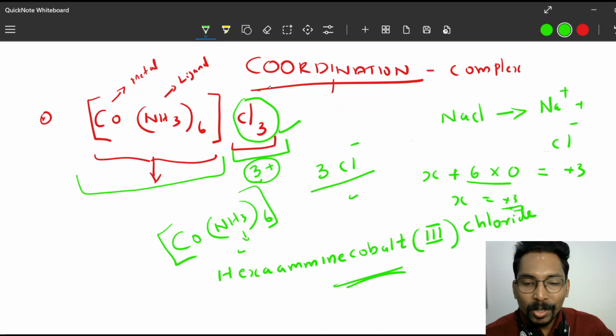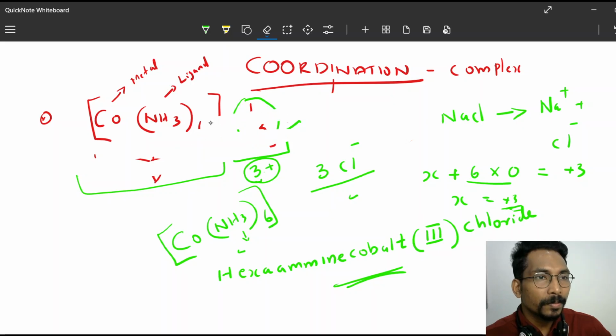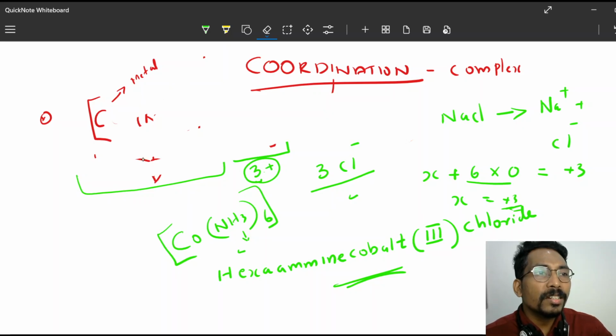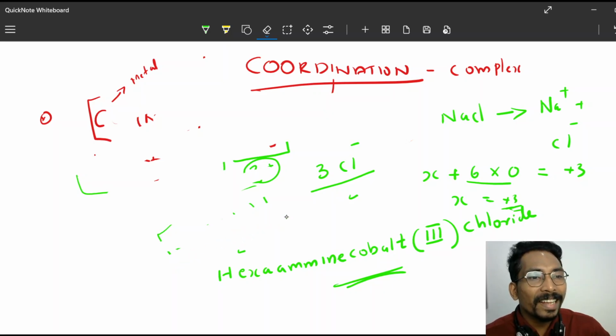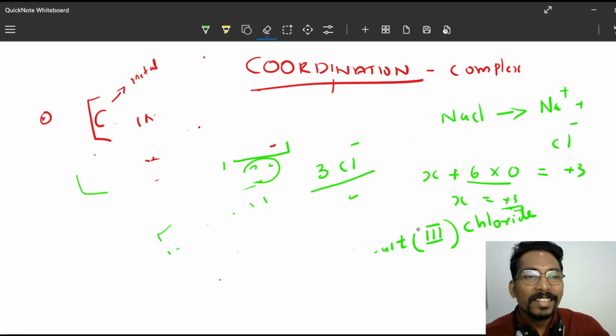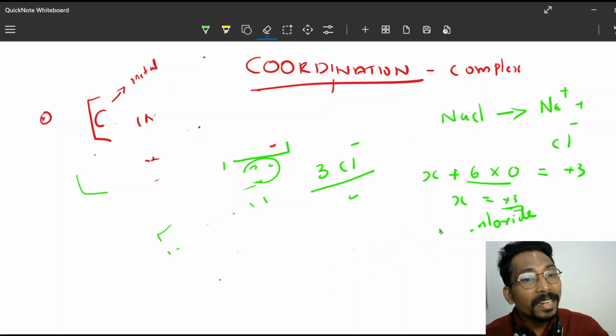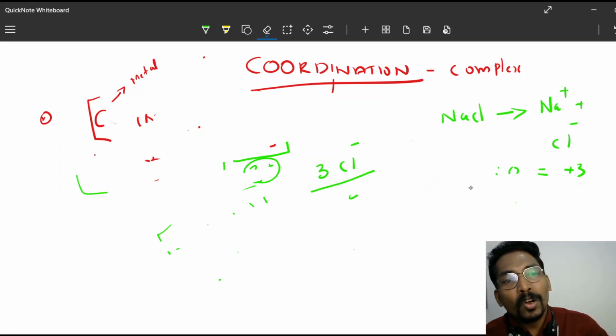Okay, so I think we can do one more example. Just wait. Then we can move to the next topic. For nomenclature, the very important thing is you must have a clear idea about ligands: the name of the ligand, charge of the ligand, denticity of the ligand, and calculating the oxidation number of the central metal atom.